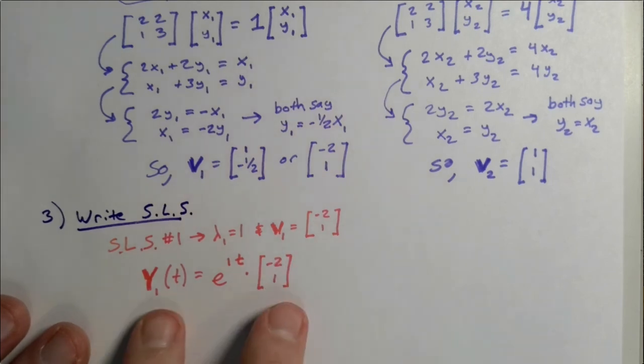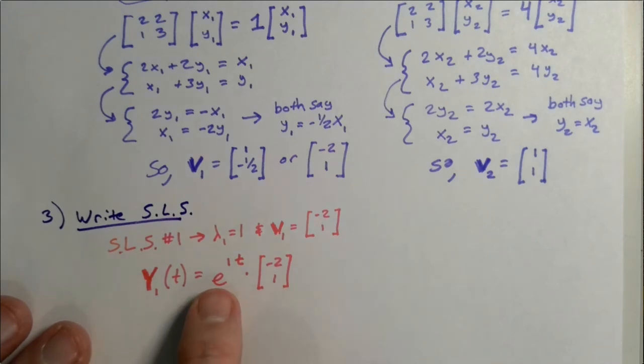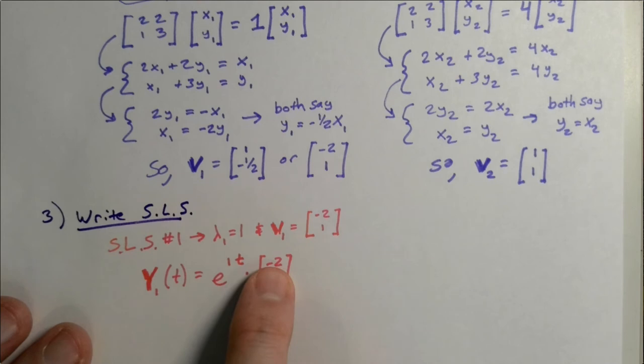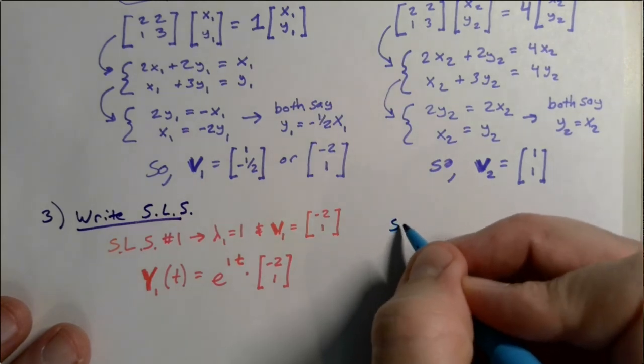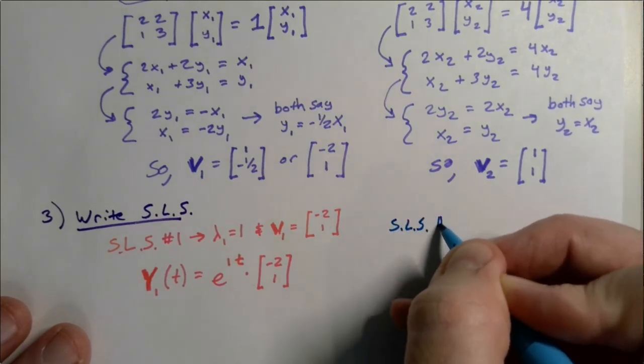Now remember this is a matrix equation because there's technically two equations buried inside it. There's the x of t equation, which is this times -2, and then there's the y of t equation, which is the bottom one. Right? So that's y1.